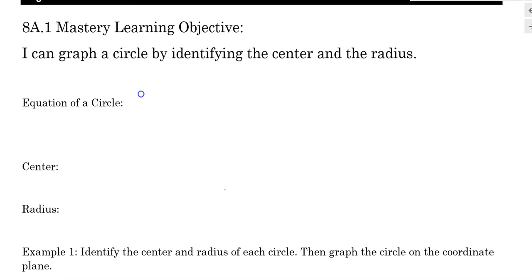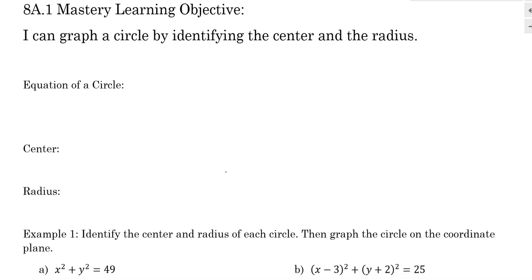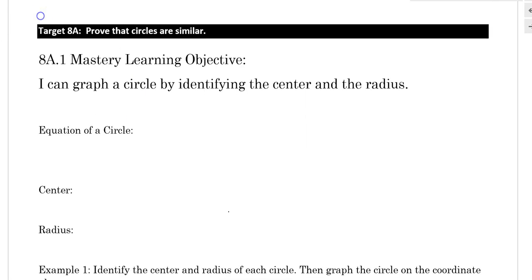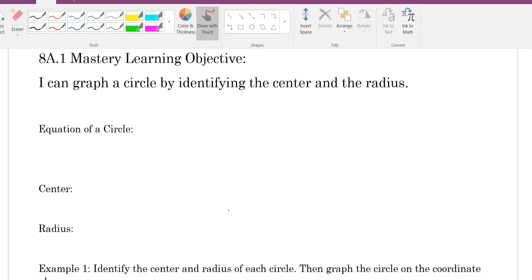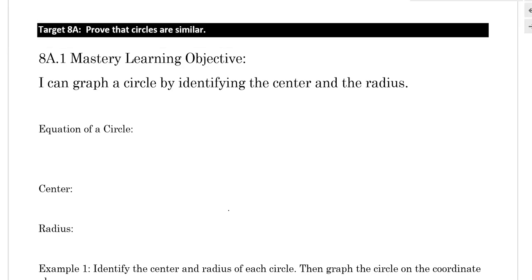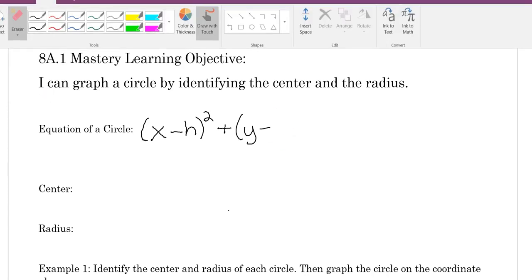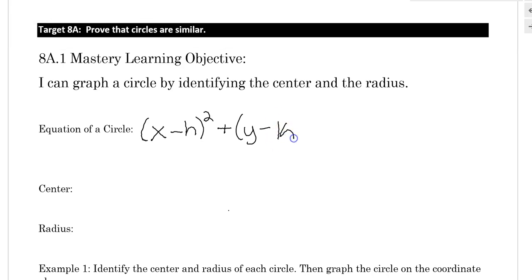The equation of a circle is (x minus h) squared plus (y minus k) squared equals r squared.